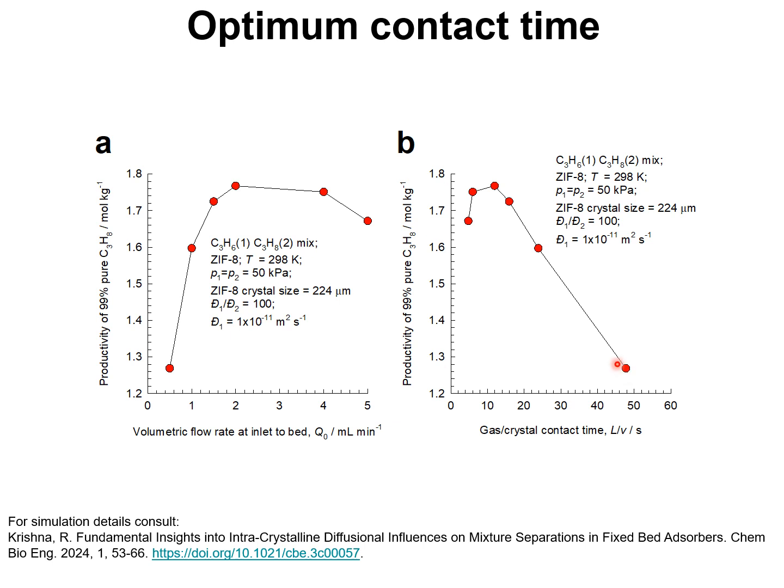So diffusional influences are stronger if the contact time is reduced till an optimum contact time is achieved. Reducing the contact time further reduces the productivity of purified propane in the adsorption cycle. The concept of the optimum contact time is described further in my 2024 paper that is cited here.